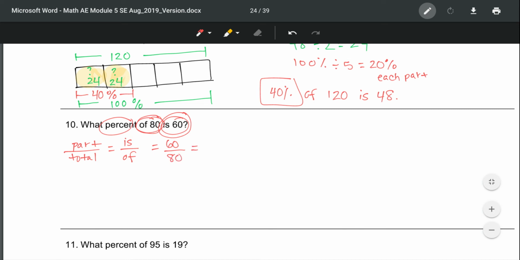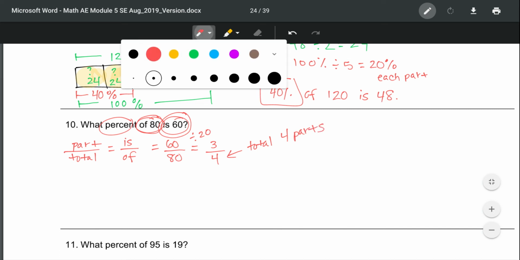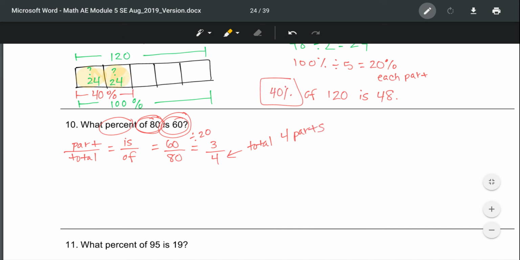So if you reduce that, you can divide by 20, and you get 3/4. So that means you're going to break your bar model into 4 total parts. So sketch your bar model and break it into 4 parts.